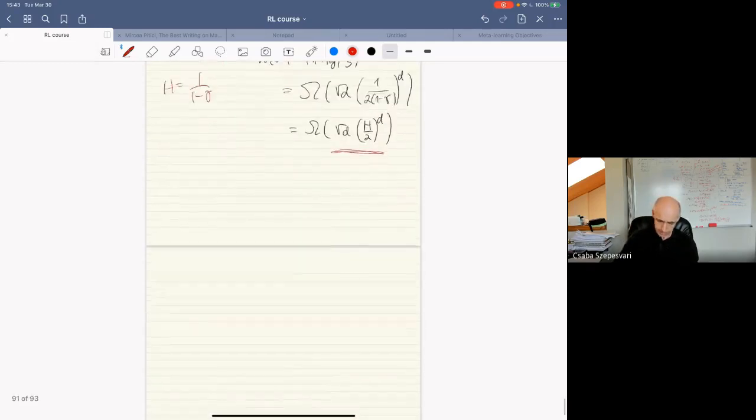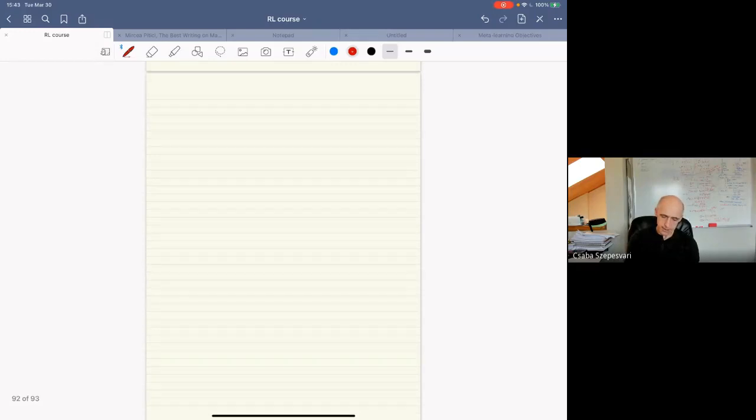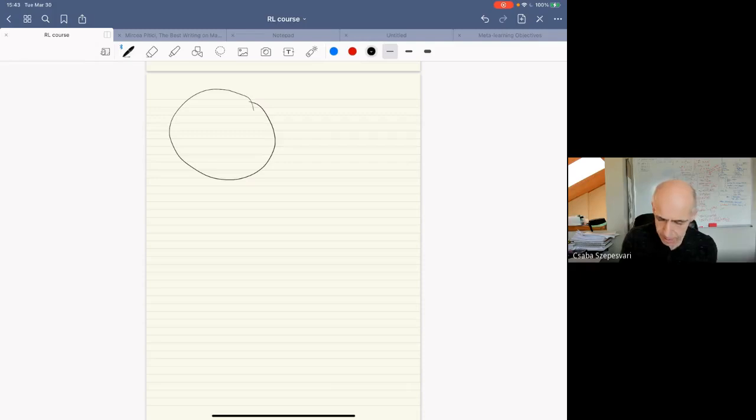How does this work? There will be three results of this type, and the proofs are pretty similar to each other. The idea is going to be always that if you have a d-dimensional unit ball, so B is going to be my d-dimensional unit ball, here's the origin. Then if you take a unit vector W, you can take these caps. These are called hyperspherical caps because this is a hypersphere.